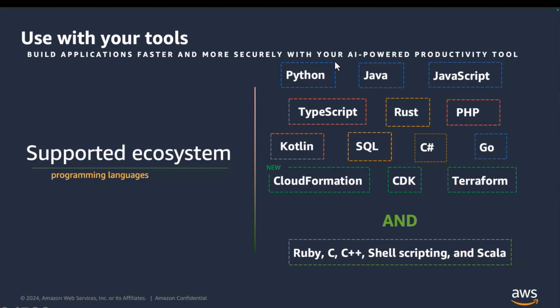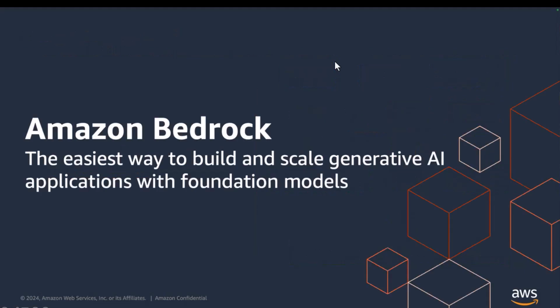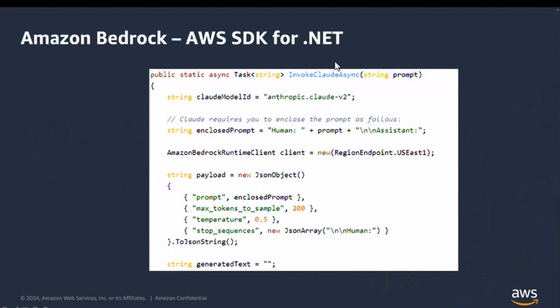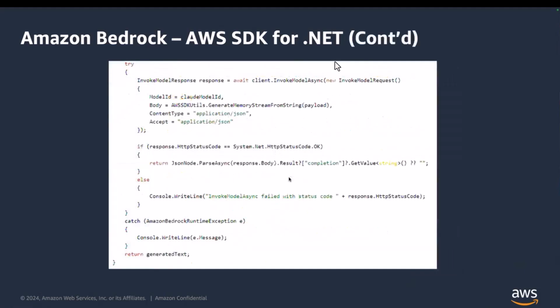And of course, one that's critical, as I was mentioning before, for writing a Gen AI application is Bedrock. And hopefully you'll be glad to hear that the experience and the way to interact with it is exactly the same. You will create an Amazon Bedrock runtime client, you pass it a payload, and then you invoke the model that you want to invoke.